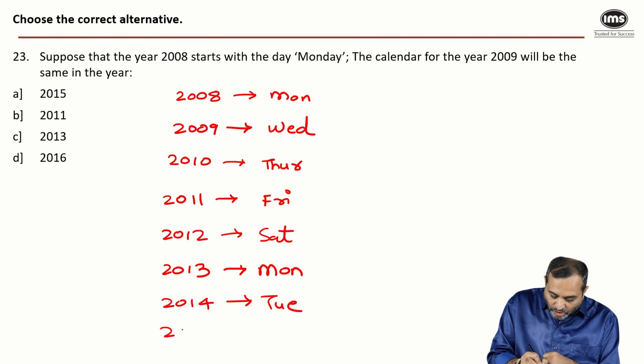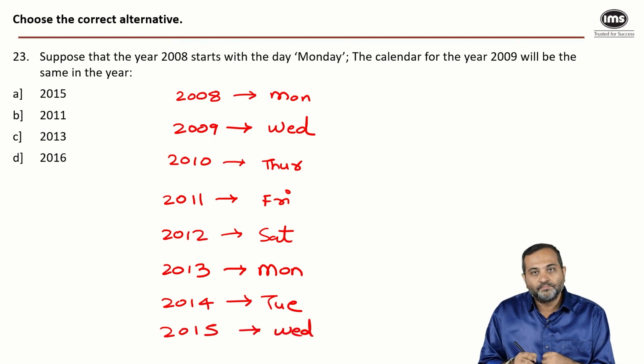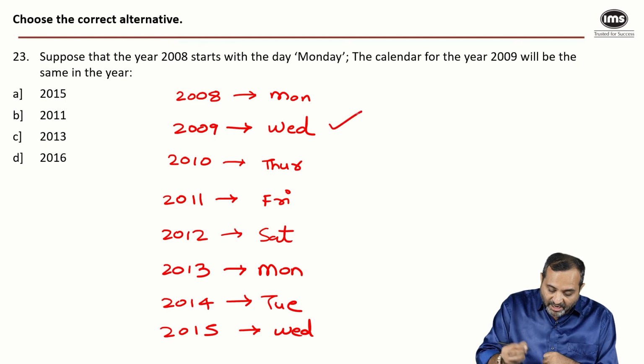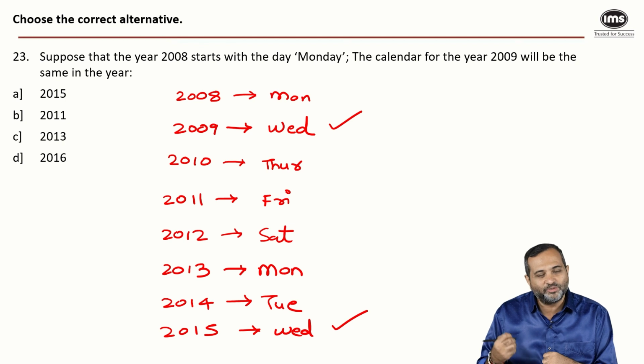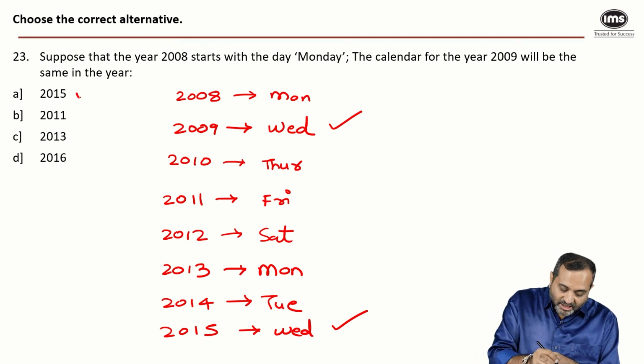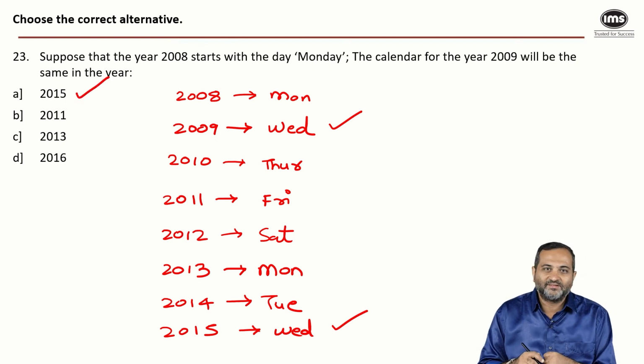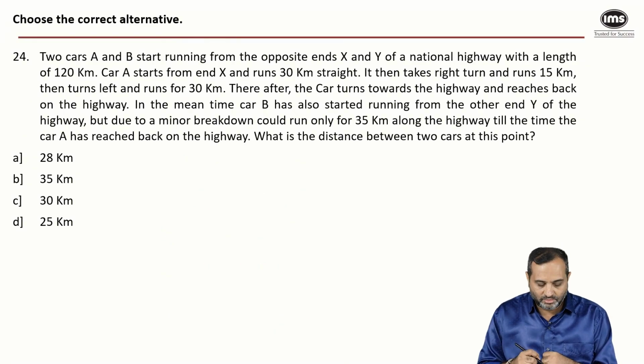And do you see 2015 will also start with a Wednesday? Hence, the calendar for the year 2009 and 2015 has to be the same. Hence, answer is first option A. Let's look at the next question.